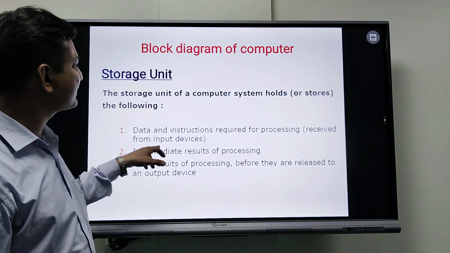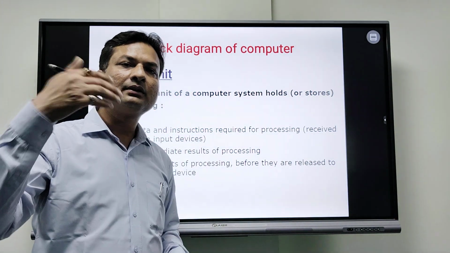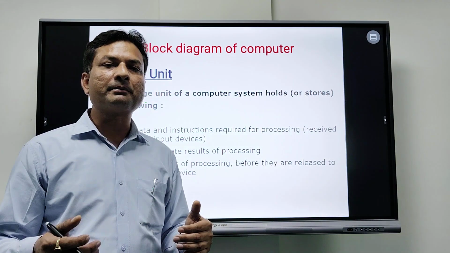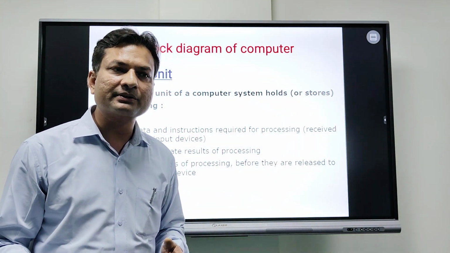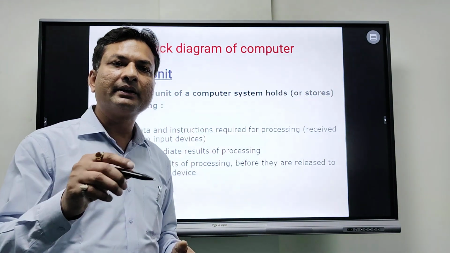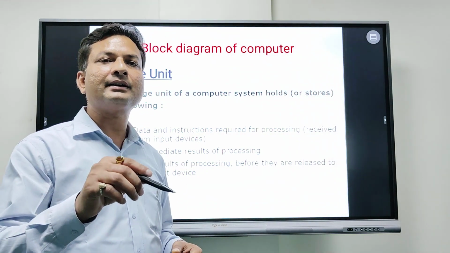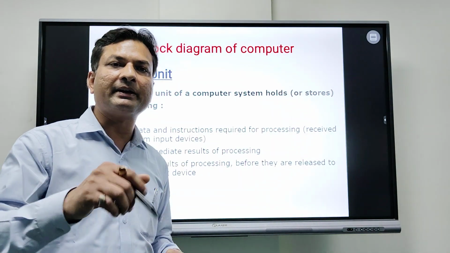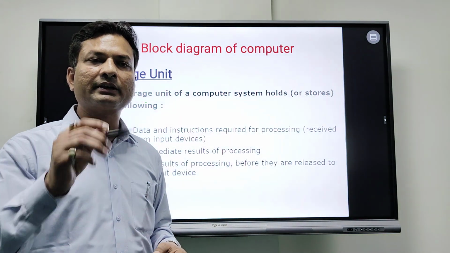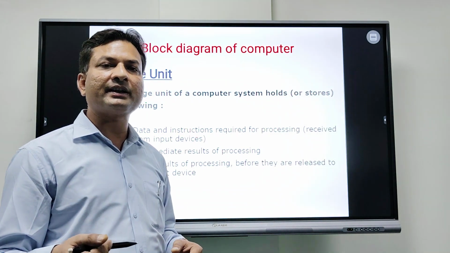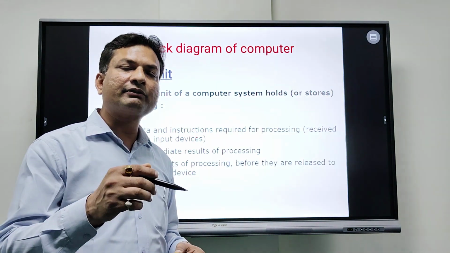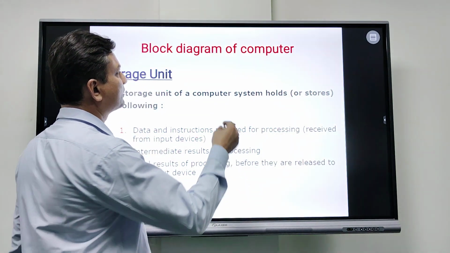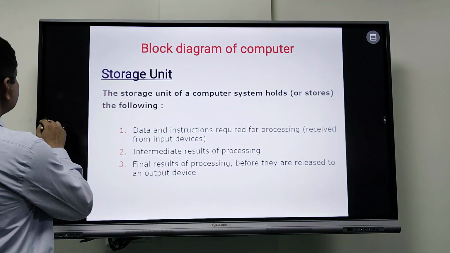So that data and instruction is inputted to the computer system. Now the computer will start adding these numbers. 1 plus 2, 3. In this case 3 is the intermediate result. That 3 will be added to the next number, which is also 3. 3 plus 3, 6. 6 in this case is an intermediate result. 6 will be added to 4. Let me show you.